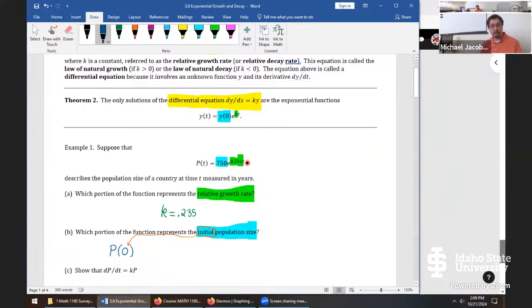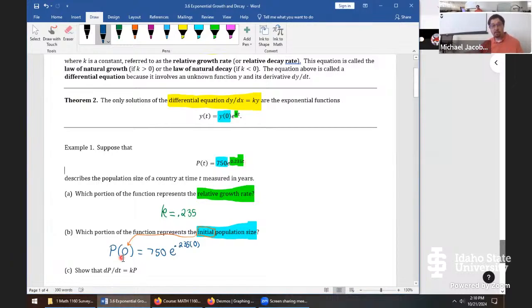All we're going to do is go right by where the red dot is, plug a 0 right in that position. So even if we didn't know it was 750, we could just follow our nose, plug 0 into the function, get 750 e to the power of 0.235 times 0.